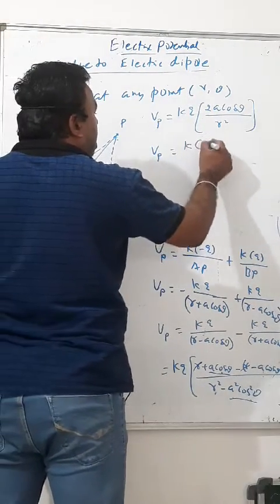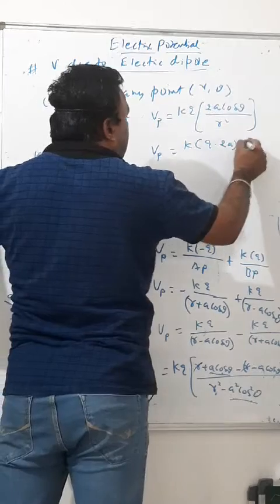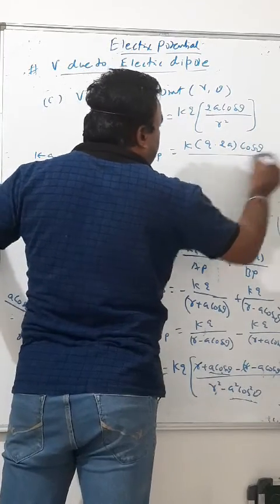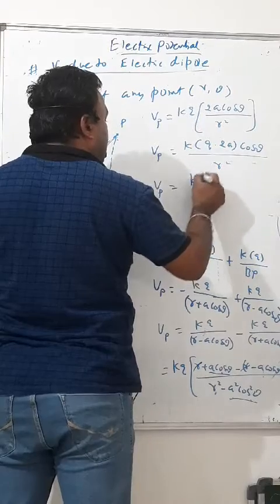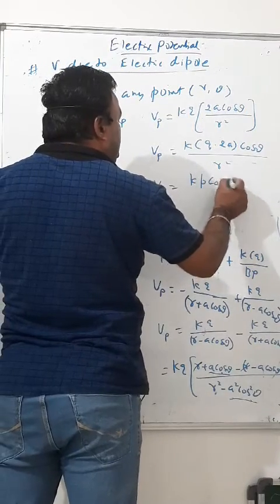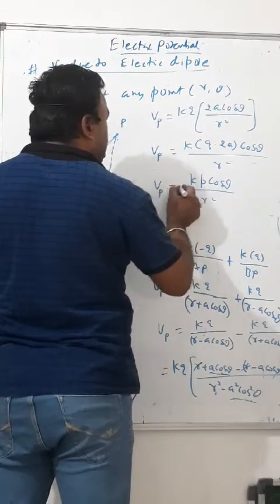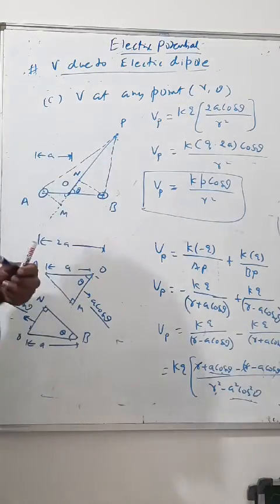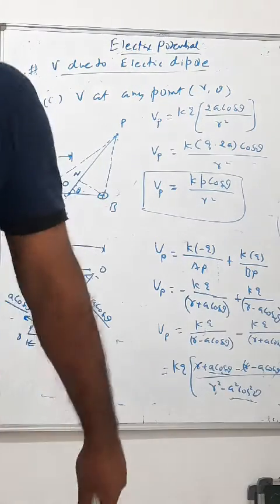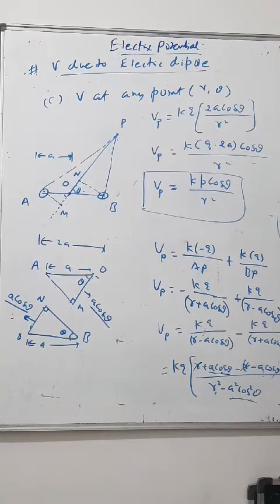VP is KQ into 2A cos theta upon R square. Q into 2A is P, so KP cos theta by R square. Theta is from the center. This is for any general point R theta, the electric potential due to a dipole.